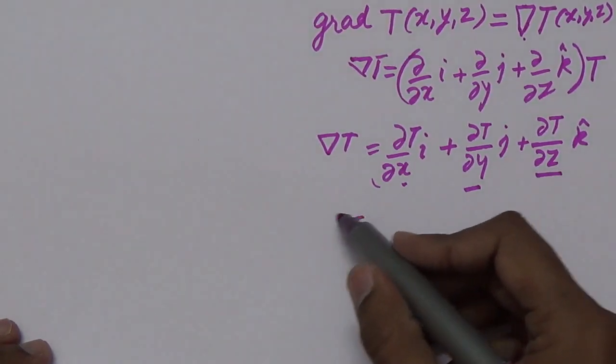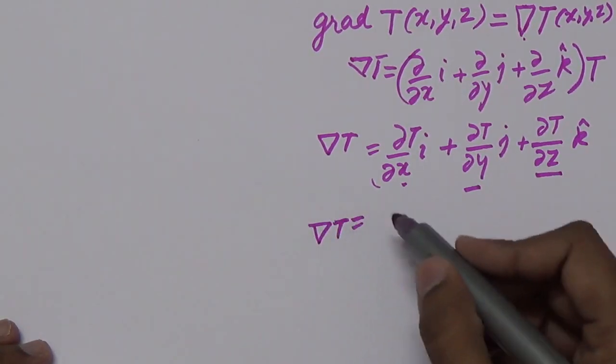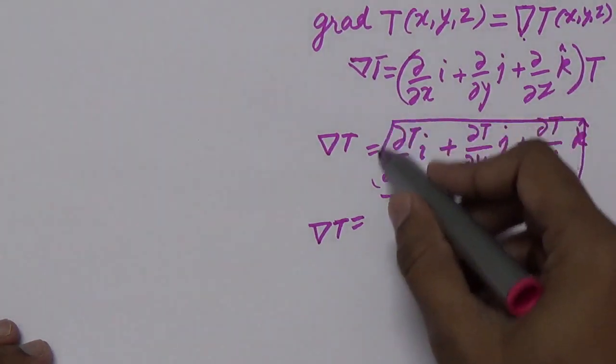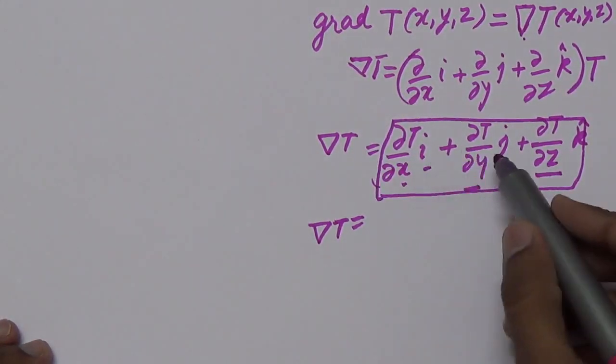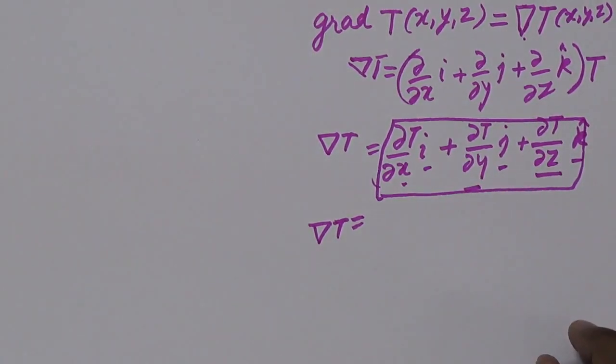So when this del operator operates on a scalar field function, it provides basically a vector field function along the i direction, along the j direction, and along the k direction. So now this result is basically a vector field function.